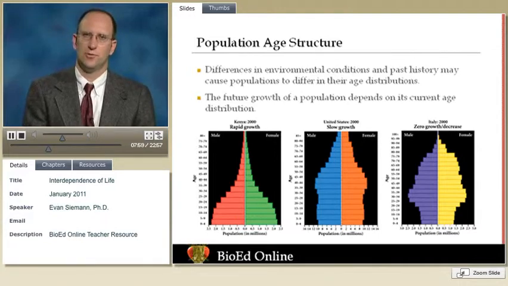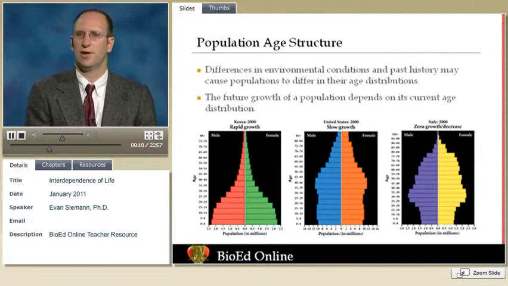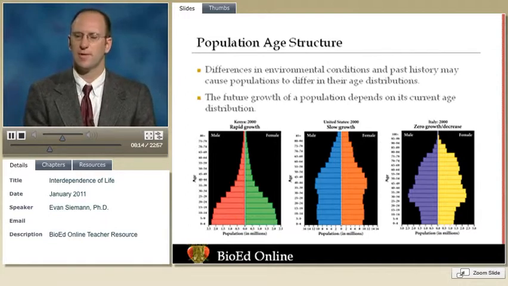By looking at the distribution of individuals in these different ages or stages, you can get insights into the mortality risks at different ages. You can understand whether or not a population is likely to be growing or shrinking.